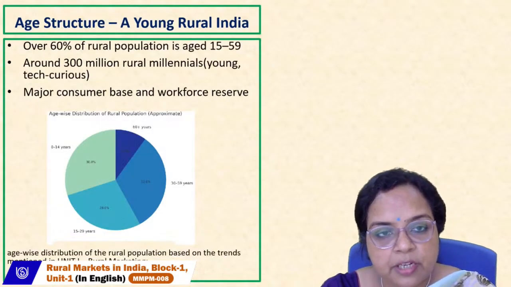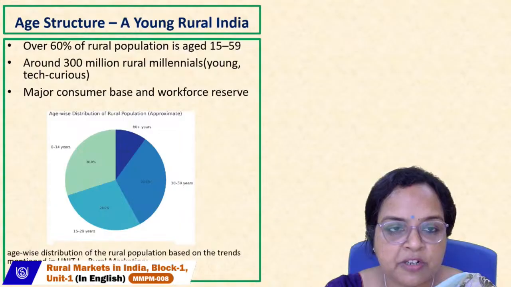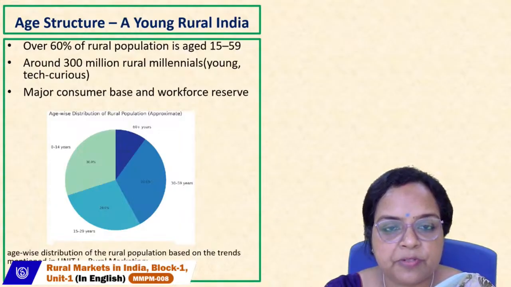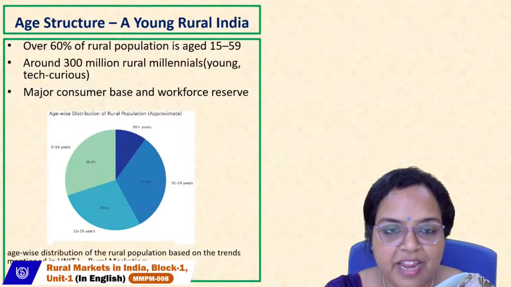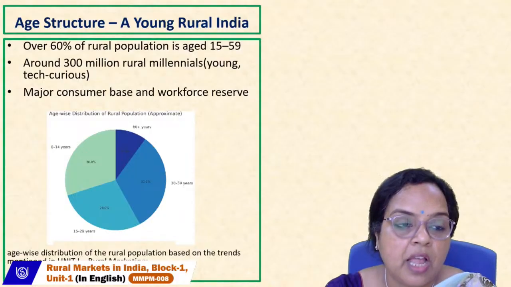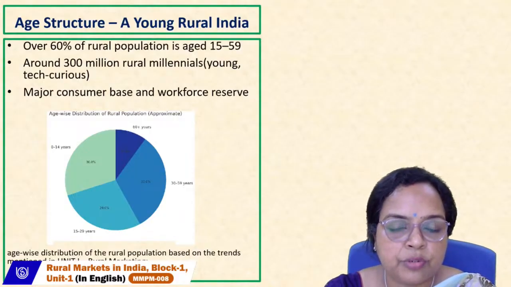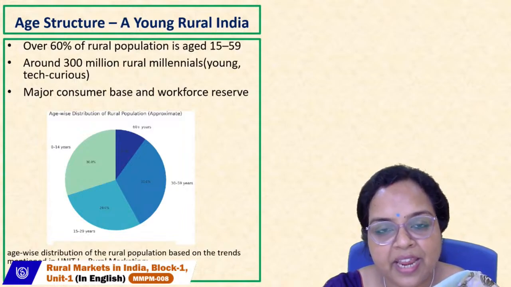Age structure, young rural India. If you go by the pie chart, over 60% of the rural population is aged between 15 to 59. It is referred to as a young population, so it is known as young rural India. Around 300 million rural millennials, young and tech curious, because their age is like that.